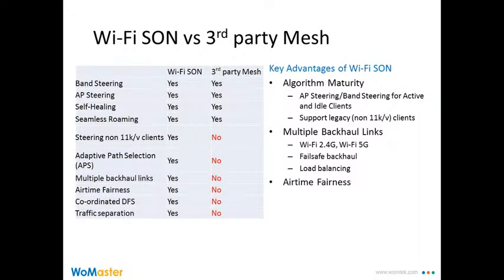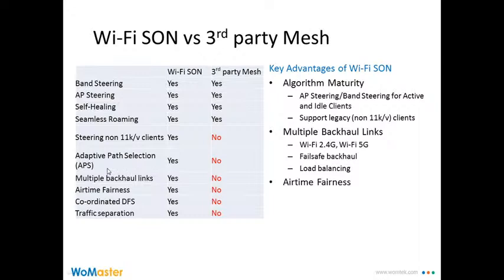There is a comparison table between the WA512GM series, the Wi-Fi SOM, and the third-party mesh. As you can see, more features are supported, like AP steering, band steering for non-11k/v clients, and APS.